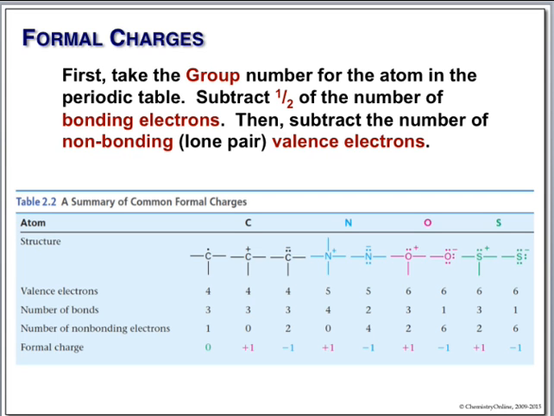If we have a carbon with 3 bonds and no unshared pairs, it will have a formal charge of +1. We will call that a carbocation. Carbocations are very important intermediates in many, many reactions. Carbon with 3 bonds and a pair of electrons, formal charge of -1. Carbanion, we call that, again, very reactive intermediate.